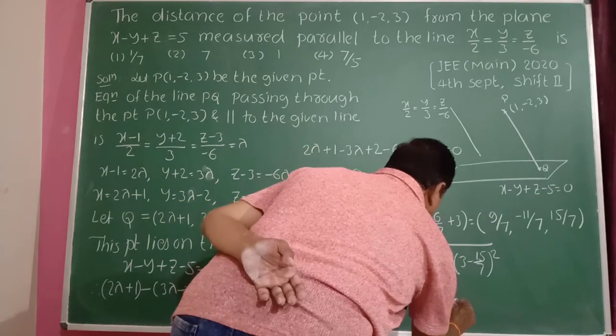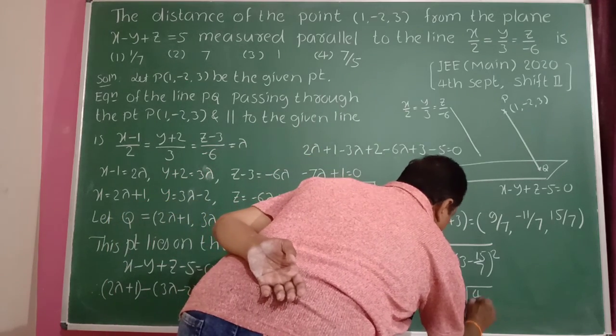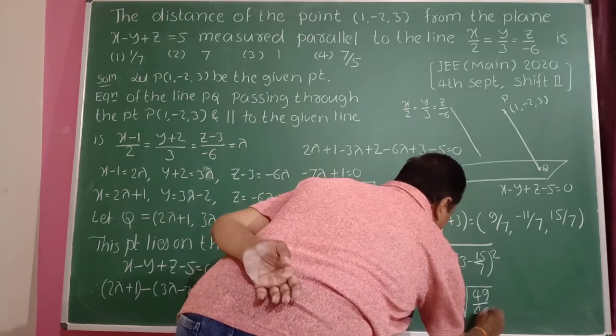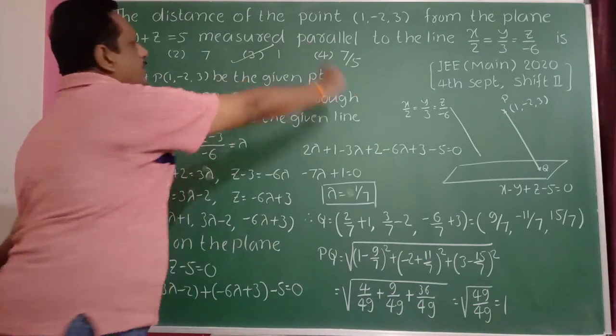Therefore this is the root of 49/49, since the sum of the numerators is 49 and the denominator is 49. So the answer is 1. The third option is correct.